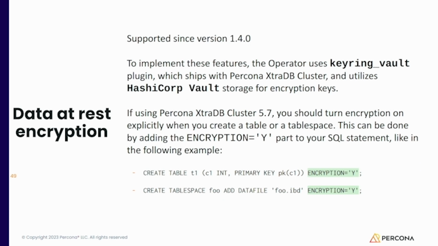What the operator does is set up what's called the keyring vault plugin or HashiCorp Vault storage, because when you enable encryption, you need the master key to be kept somewhere outside of the database that's safe for the database to retrieve the key if needed. So the operator will do that for you, will create the vault for you, and then once that is deployed, encryption will be or should be transparent to the end user.